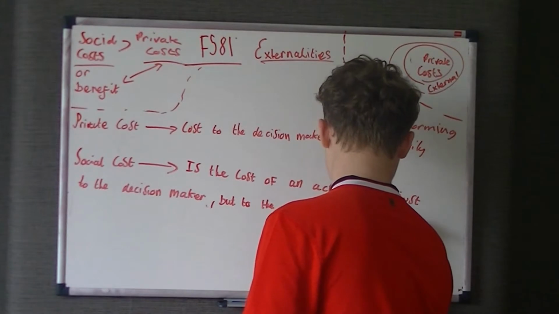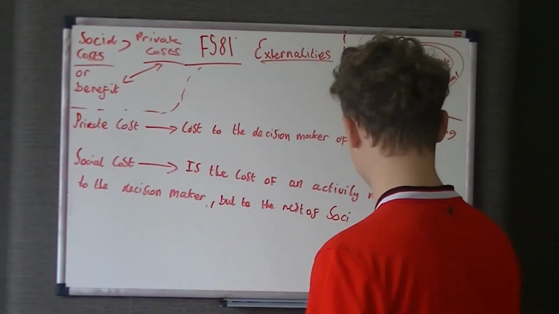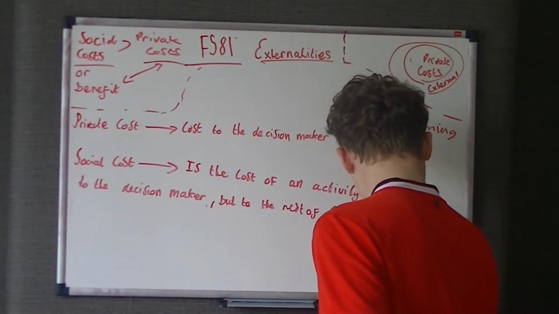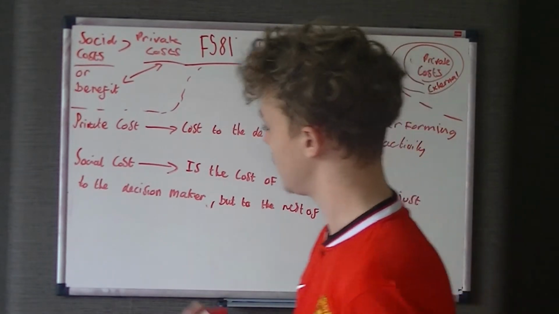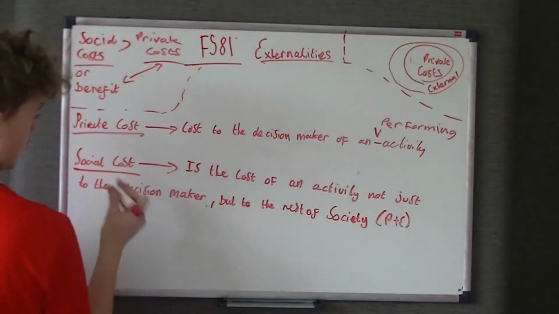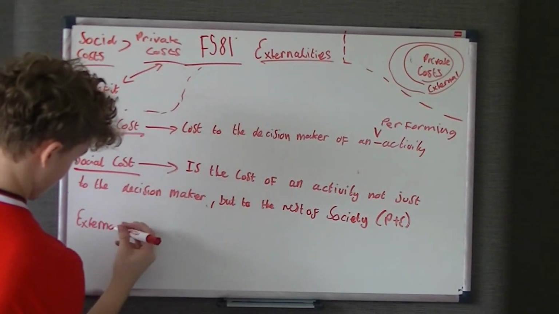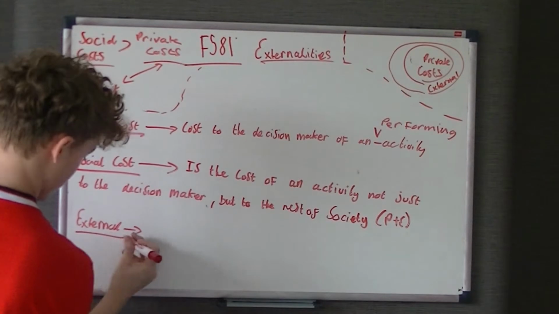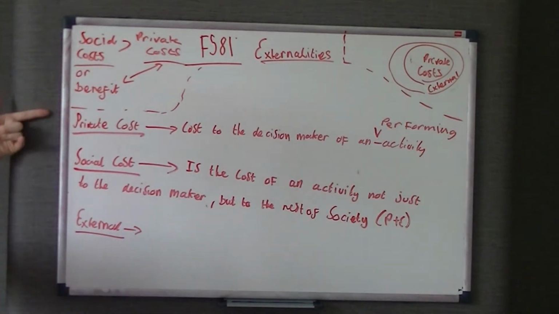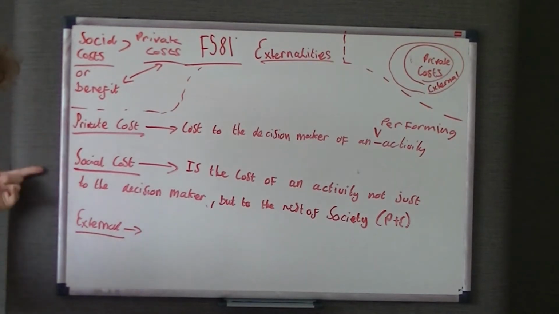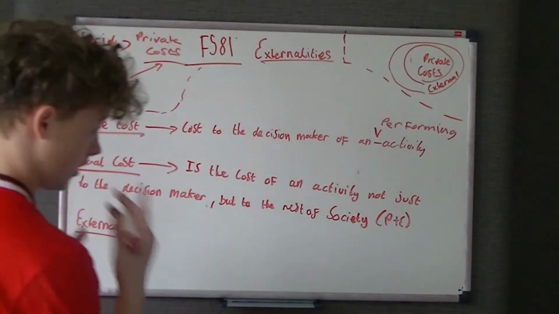And obviously that means it includes both the private and the external costs. So I just put P plus E, private plus external. Now we have mentioned this thing called an external cost, and I have sort of told you the definition for it. You can change these two things around with the benefits by just replacing the word cost with the word benefit in the explanation. So hopefully it's quite simple to you.